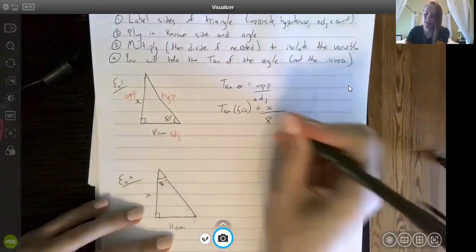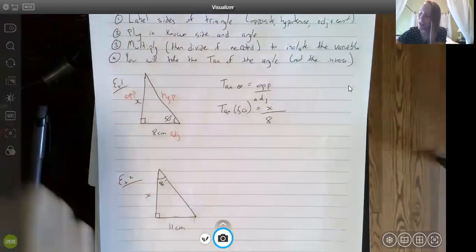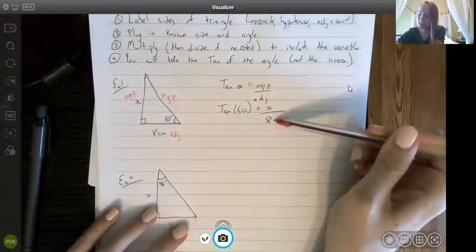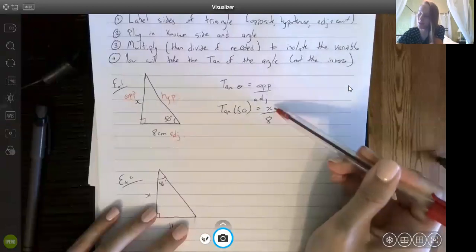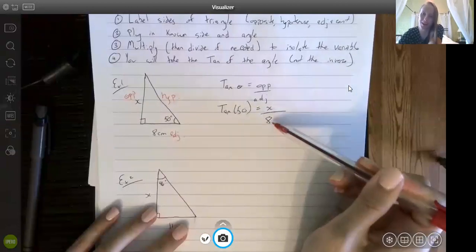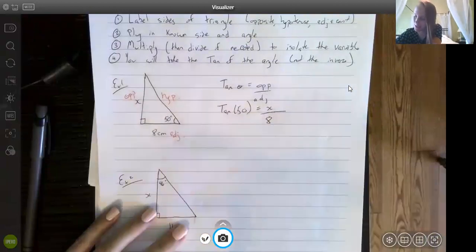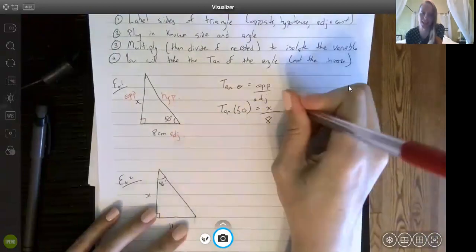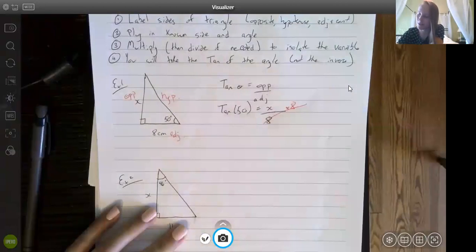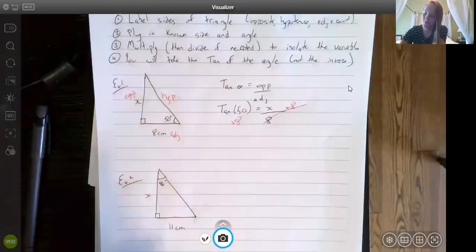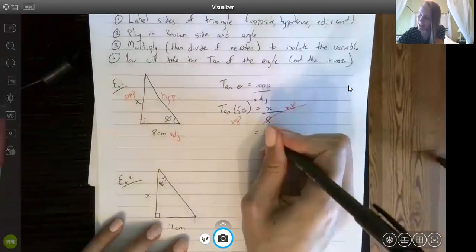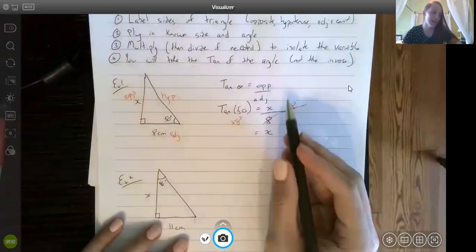and then 8 for our adjacent side. And then anytime we have a variable in a fraction like this, whatever is on the bottom needs to be the thing that moves. Because this is division, the opposite operation is multiplication. So I will multiply by 8 to cancel that out. And then what I do to one side, I must also do to the other. So times by 8. That leaves me with just an x on the right-hand side.